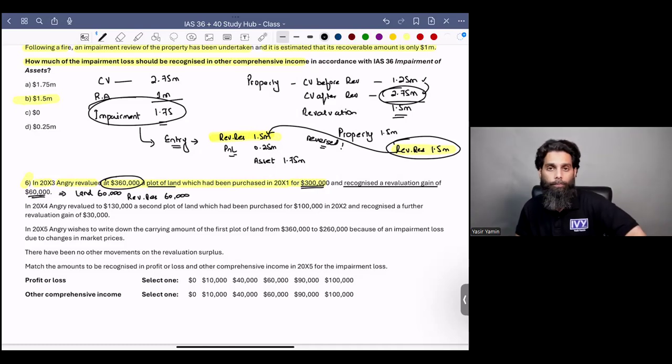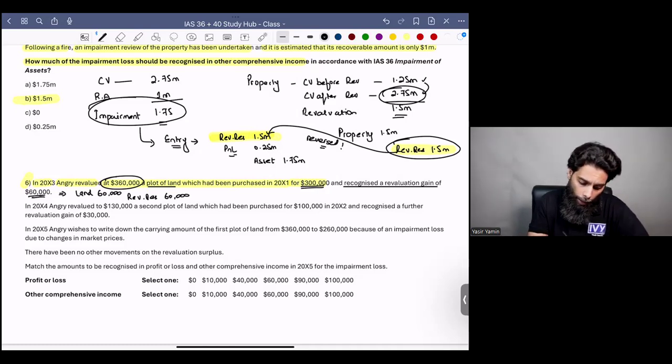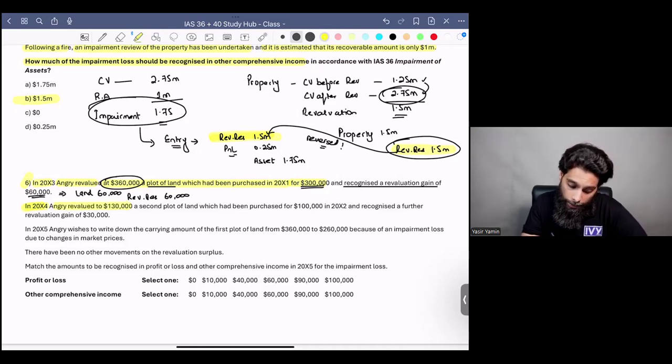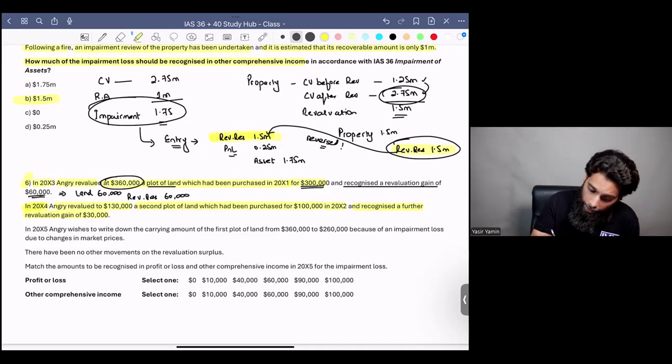Okay, done. Examiner says in 20x4, Angry revalued a second plot of land to 230,000, which had been purchased for $100,000 in X2, and recognized a further revaluation gain of 30,000. Remember, guys, this land is separate and this land is separate.